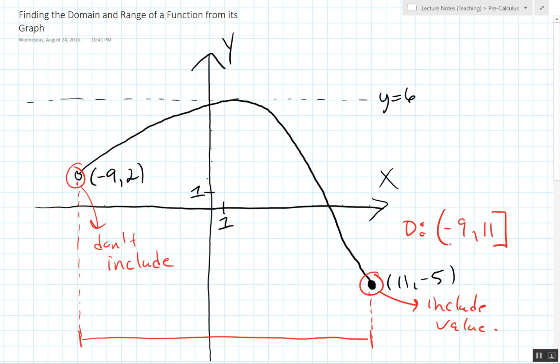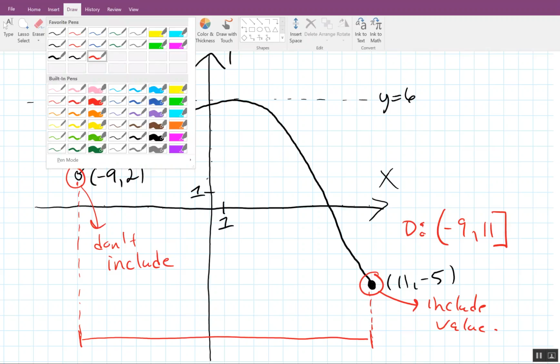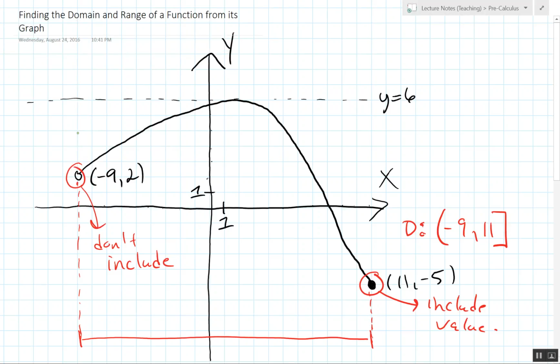So now we want to figure out the range, and notice that the range, so let's pick a different color here. Let's do green. The range of y values, well, the smallest y value is here, this line right here. Then notice that y equals 6 is going to be the largest y value.